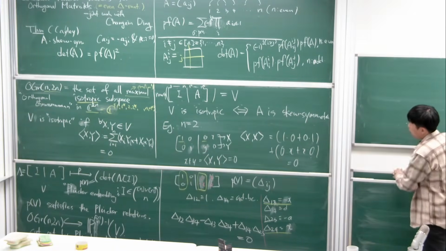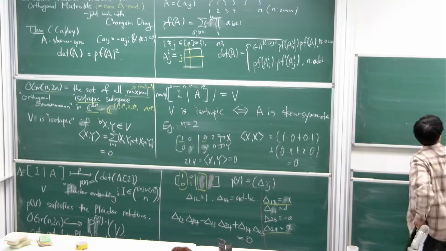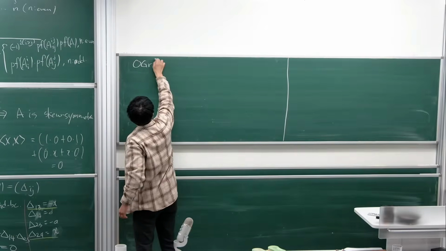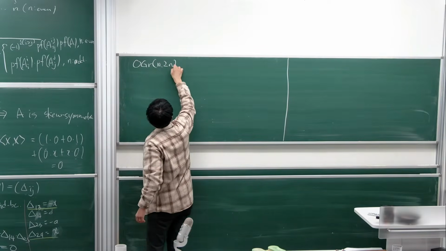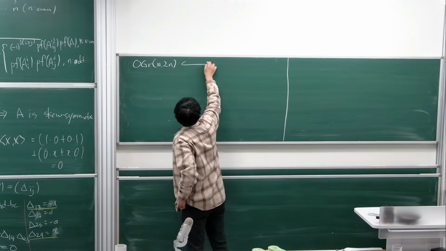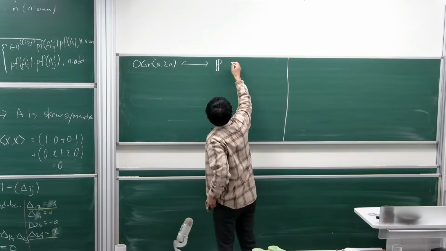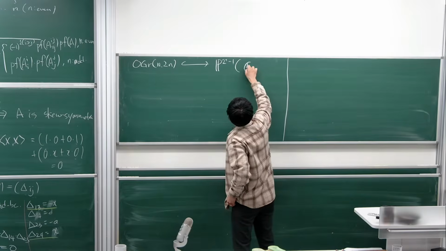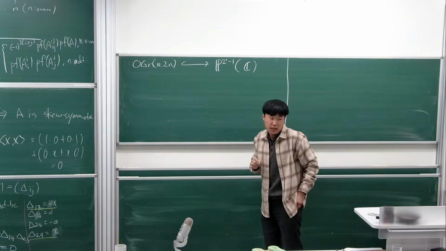So another way to embed our orthogonal Grassmannian is the following. Here we have some kind of Grassmannian, and then we can embed this into the projective space of 2^n minus 1 dimensional vector space using the Pfaffian.